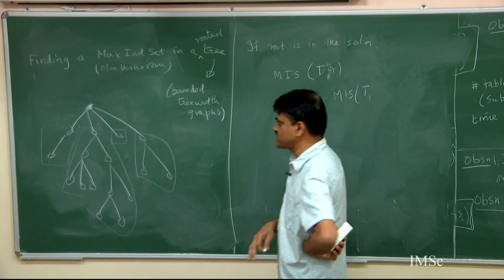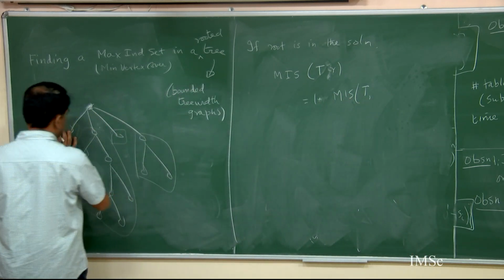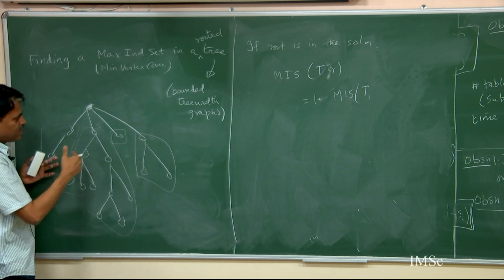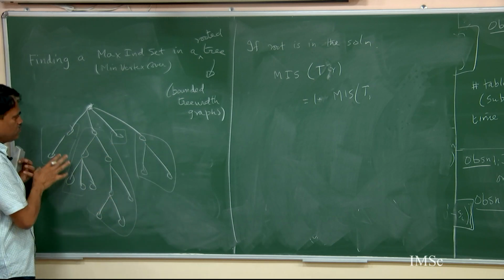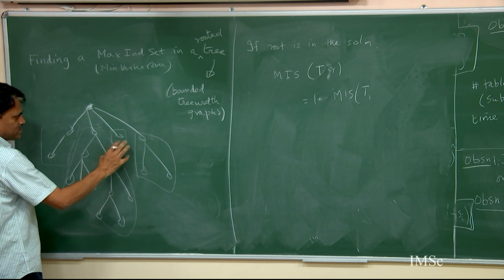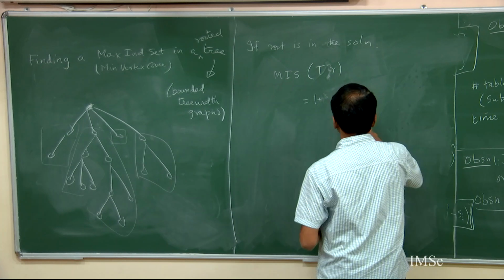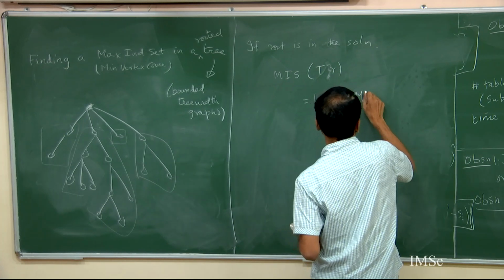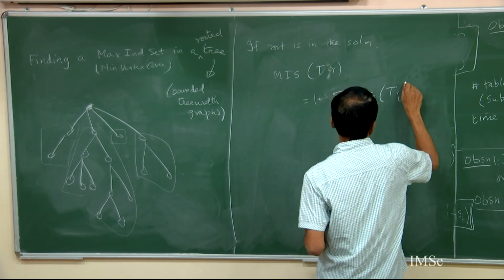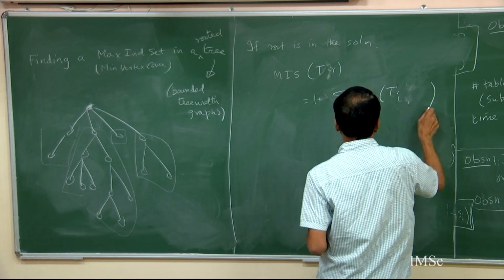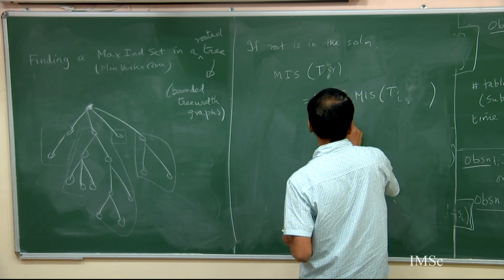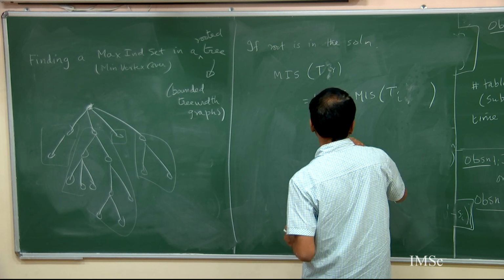I am looking for a maximum independent set. These are independent sub problems. There are no edges across, that is a nice thing. So, you find a maximum independent set here, maximum independent set, maximum independent set, add them all, right. So, that is a sum, over Ti, where Ti is a subtree of root.